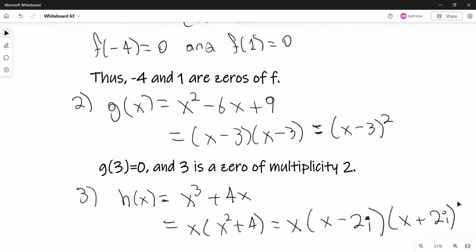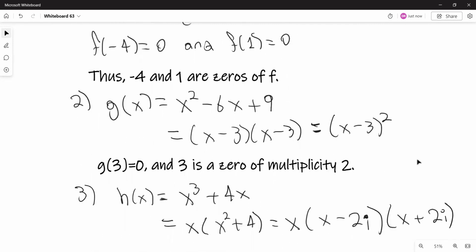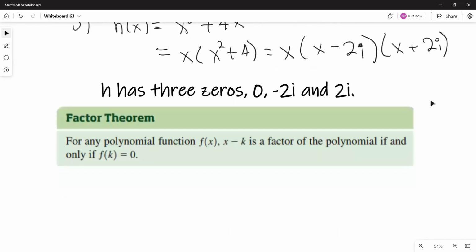Like in the examples we did. f of negative 4 is 0, so x plus 4 is a factor. f of 1 is 0, so x minus 1 is a factor. Or g of 3 is 0, and x minus 3 is a factor, and so on.